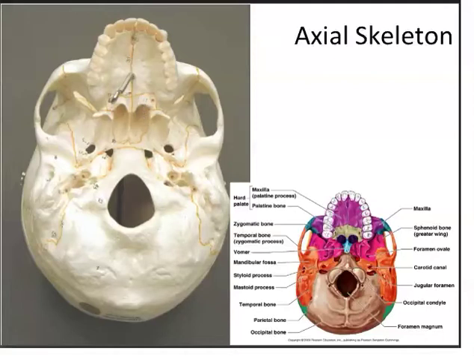The ethmoid bone forms the anterior surface of the nasal cavity, and it has a long, flat projection called the perpendicular plate that fuses with the vomer to form the rest of the septum.